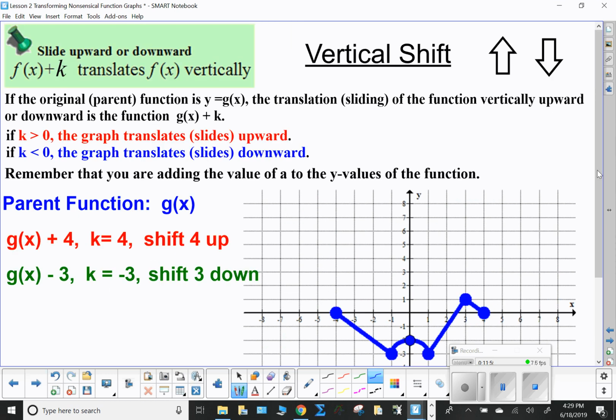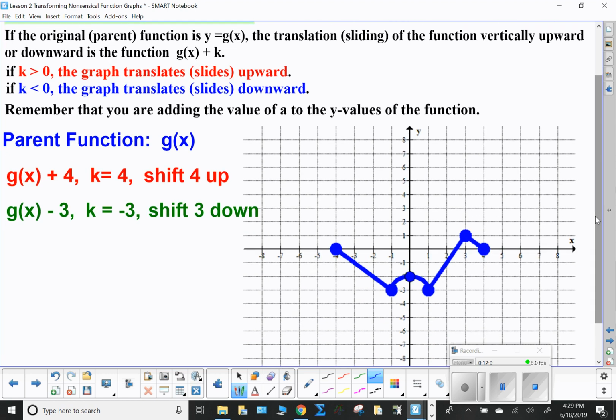Again, here's a vertical shift. We're simply using our other picture. If we want to go up 4, we add 4 on the outside. So we add 4 on the outside. We move this up 4, up 4. Boom, boom. Okay, and then down 3.